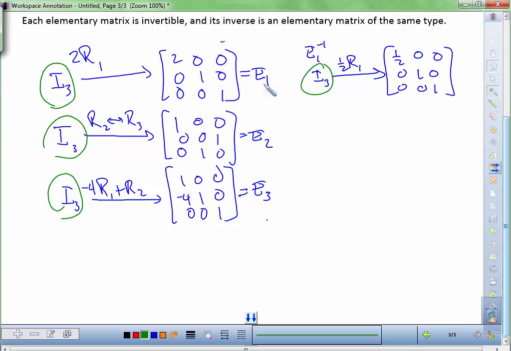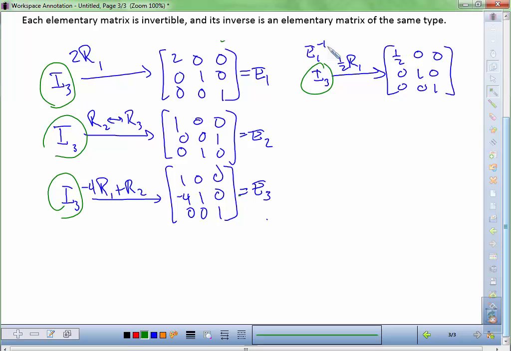So if I were to multiply E1 times E1 inverse, I should get the identity matrix, right? So I check this by saying E1 times E1 inverse. E1 is 2 0 0, 0 1 0, 0 0 1. E1 inverse is 1/2 0 0, 0 1 0, 0 0 1.